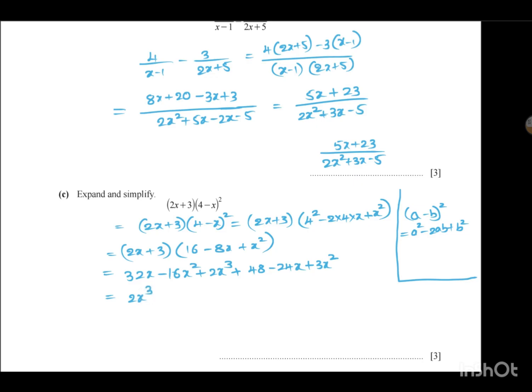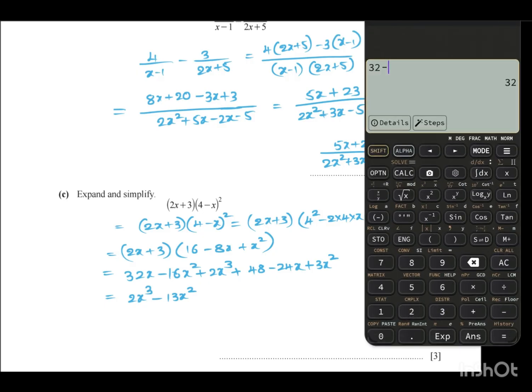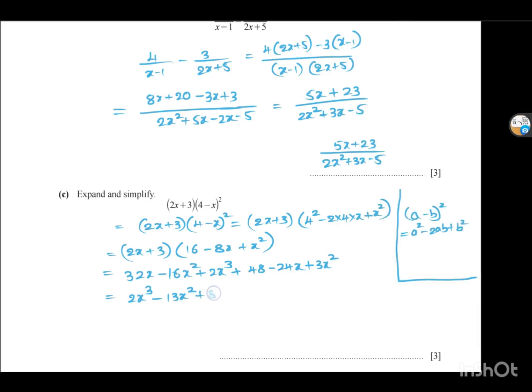Then x square terms can be added or subtracted according to the signs. So minus 16x square plus 3x square will be minus 13x square. Then 32x minus 24x, 32 minus 24 is 8 and that is plus 8x. 48 is the constant here, so 48 as it is.